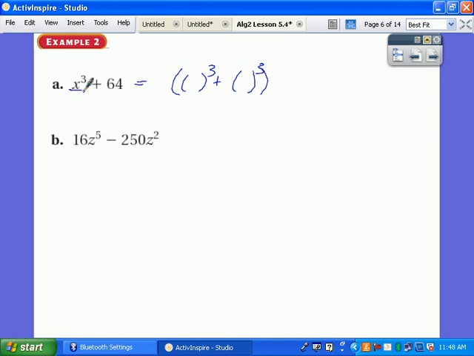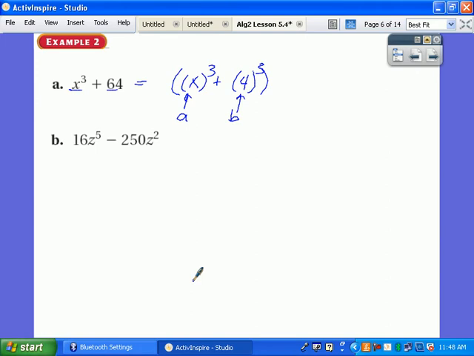Well, the first term is very easy. x cubed is x cubed, and so A in this case will just be x. But what cubed is 64? Good, 4. So this is just going to be a 4. And so that tells me A is x, and B is just the value 4.